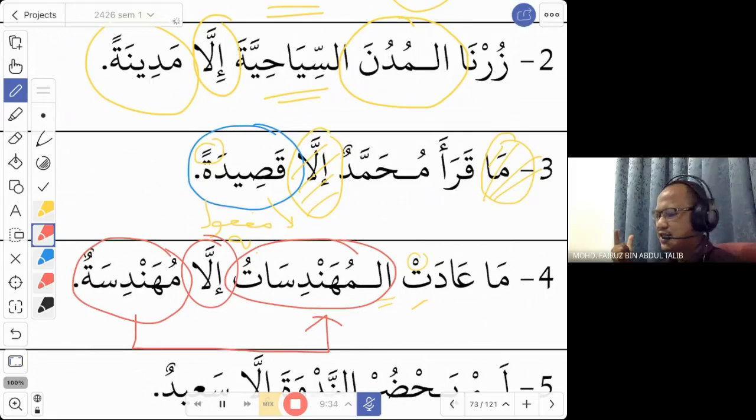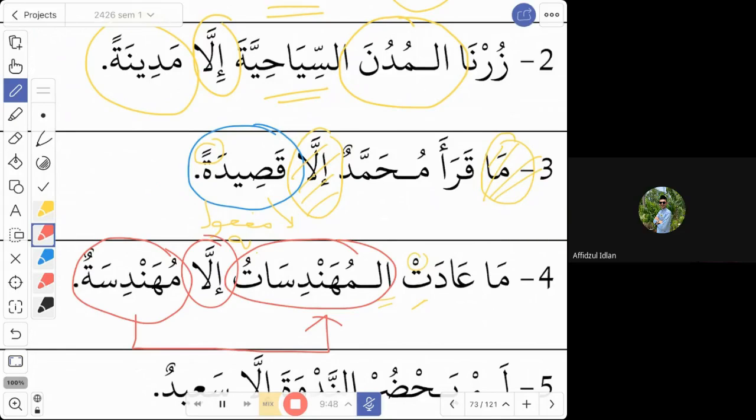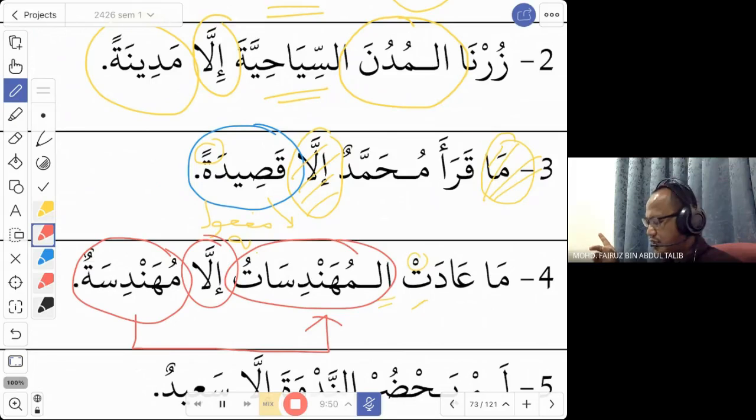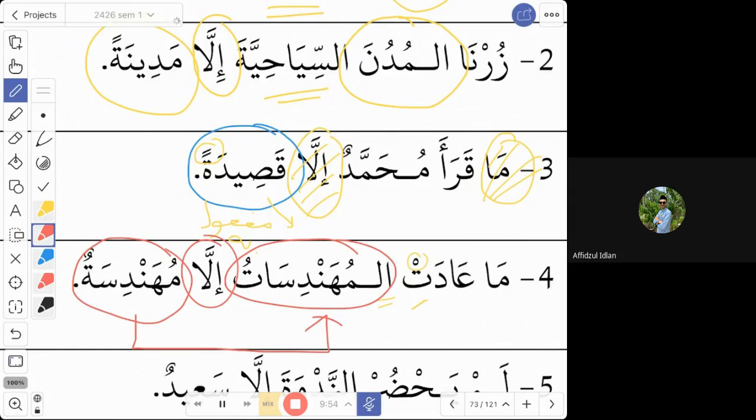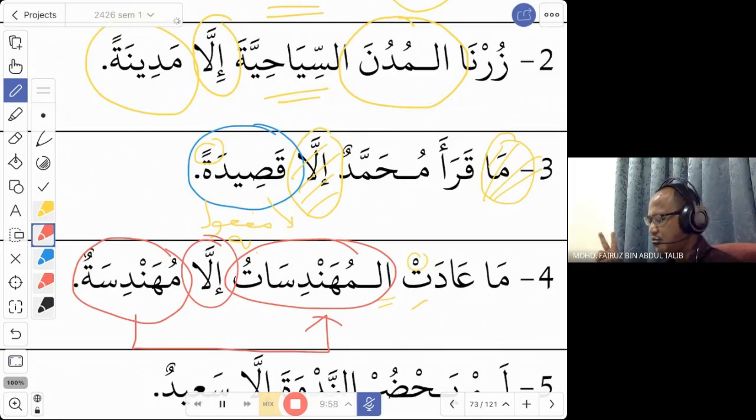Wajib nasab, or either nasab or follow the word muhandisat, or it depends on its position? It follows the word. Is it necessary to follow the word? No, you have two options, right? Yes. So what is the first option?